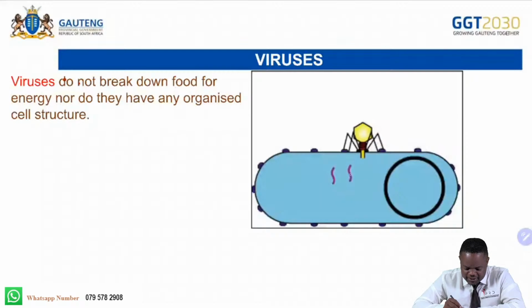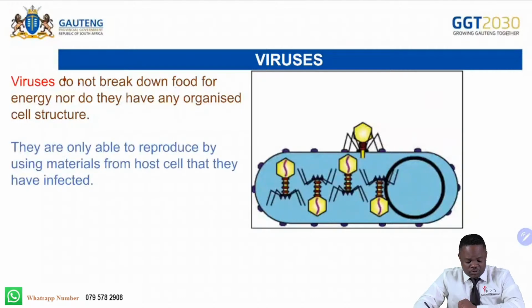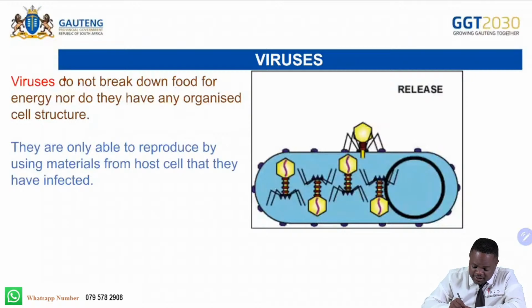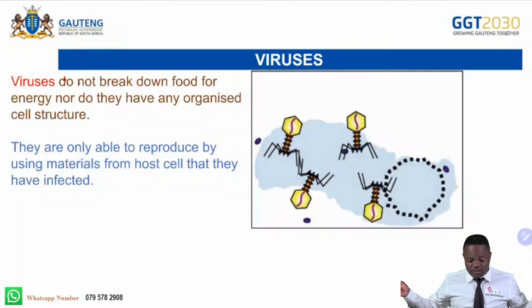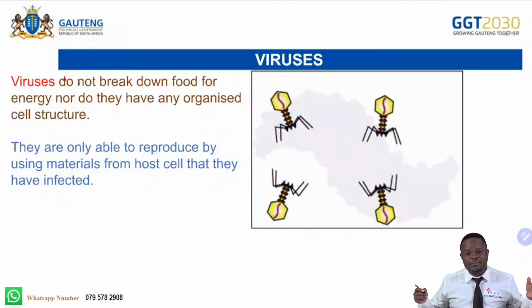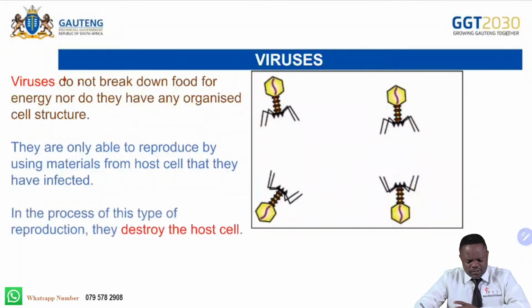Do you see your virus entered there? It is multiplying, multiplying. And what does it do? In the end, the cell that has been occupied by the virus is going to be destroyed when your virus multiplies. And that will lead to our disease.